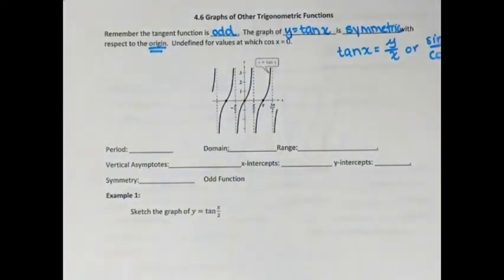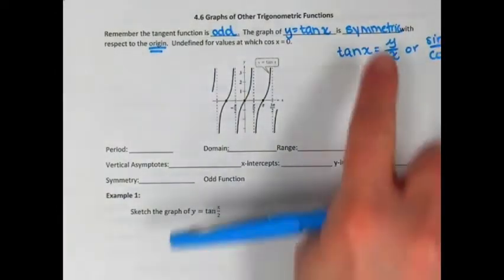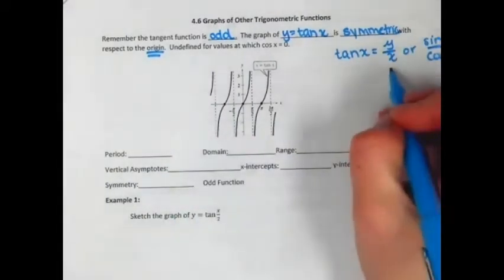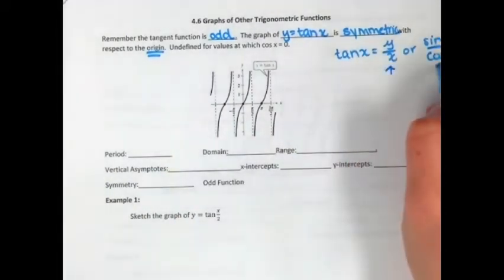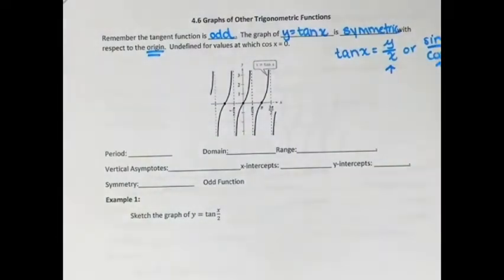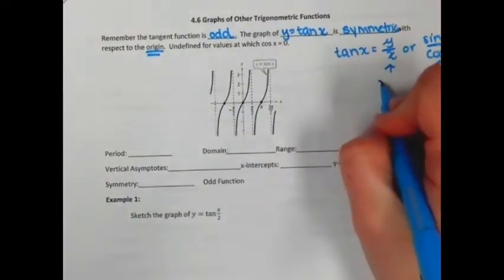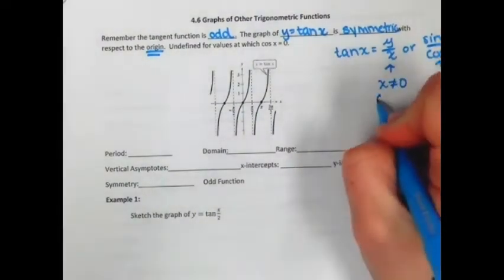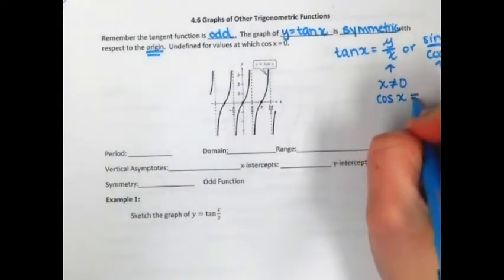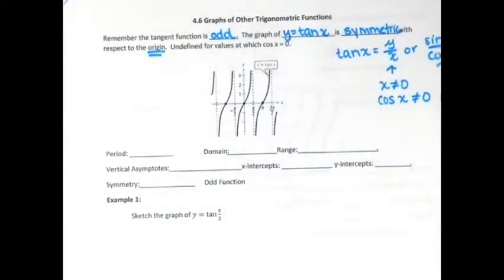And if you notice, because we have these fractions here, what can't the cosine of x equal? 0, right? So the cosine of x can't equal 0. And if that can't happen, can we have certain coordinates on my tangent graph?